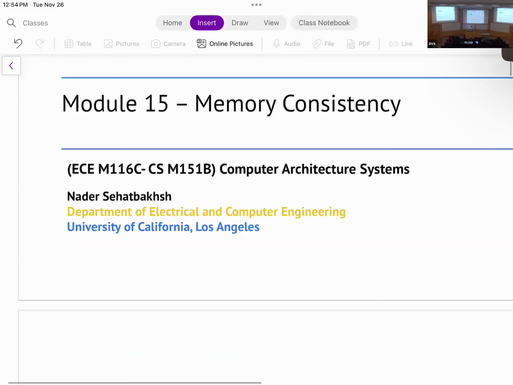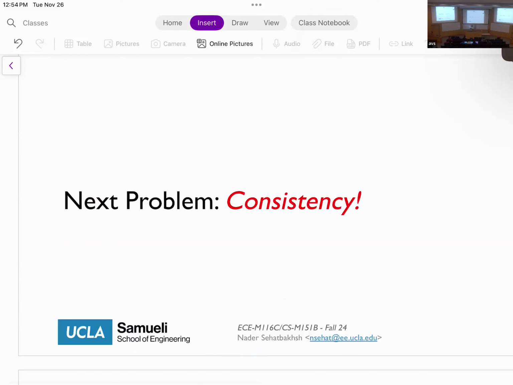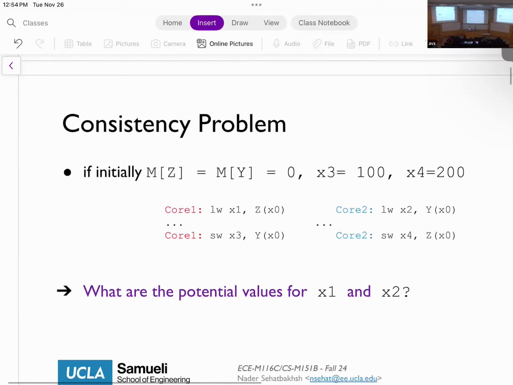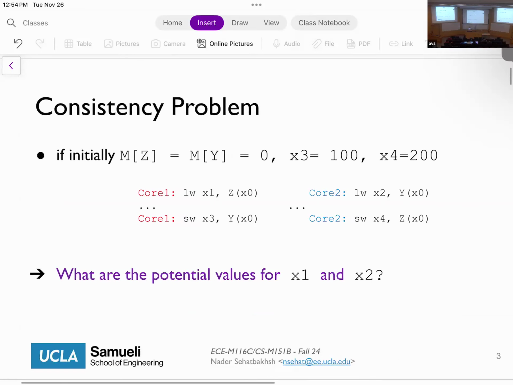So let's talk about memory consistency. Remember I told you that when we move to multi-core systems, there are two problems we need to solve. The first is the memory coherency problem. The second is the consistency problem. To remind you, what was the consistency problem?